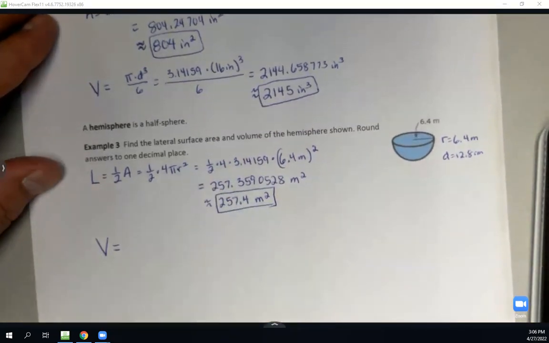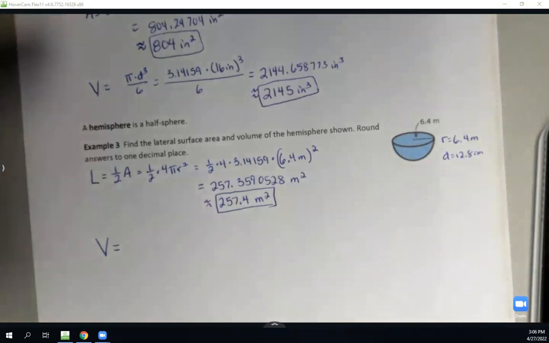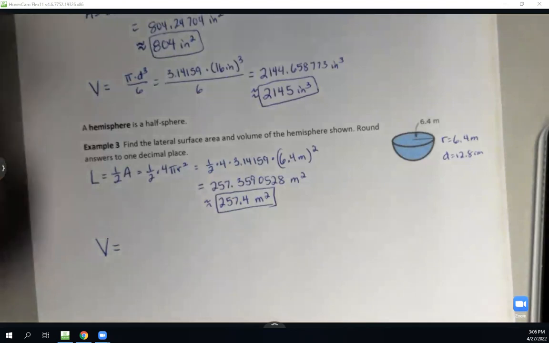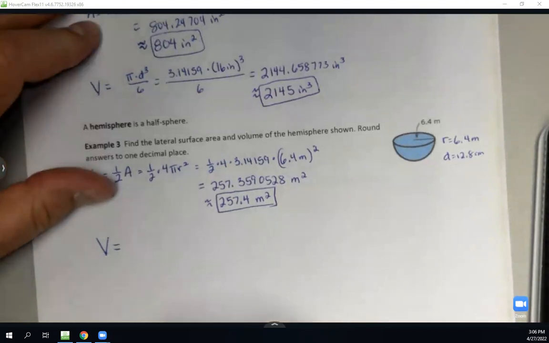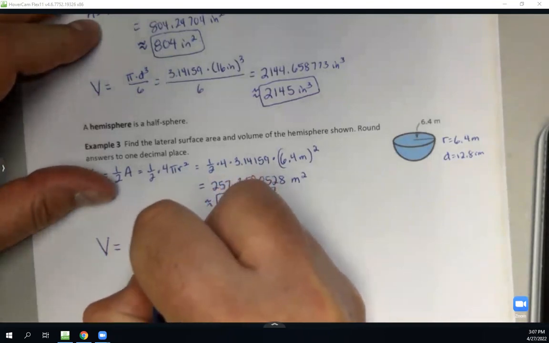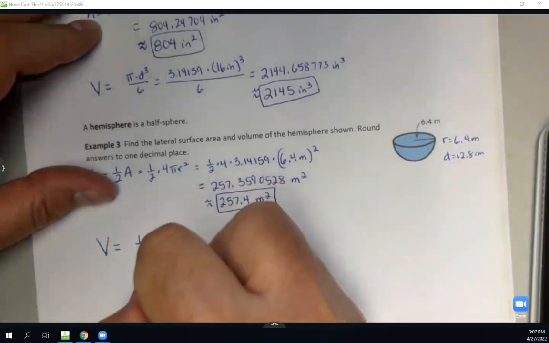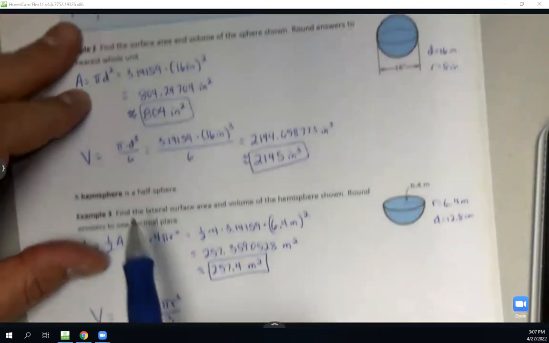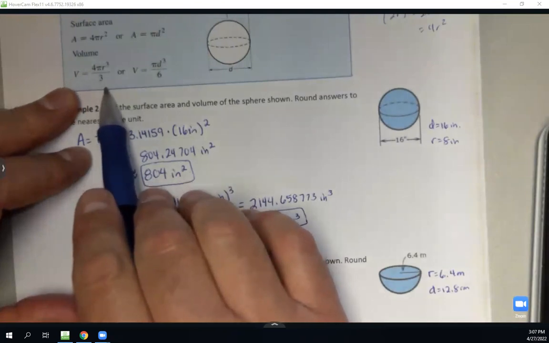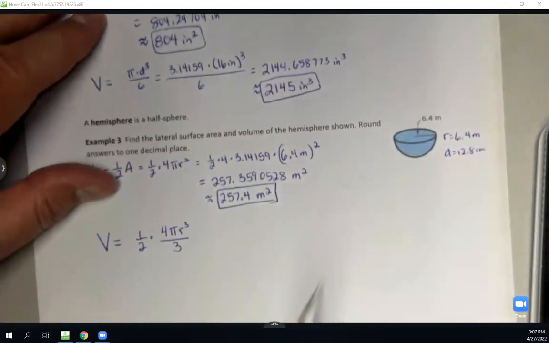Now again, this is the volume of the hemisphere. So that's going to equal 1/2 of the volume of the whole sphere. Okay. So that's going to be 1/2 times 4 pi r cubed over 3 using the radius version of the formula. Okay.